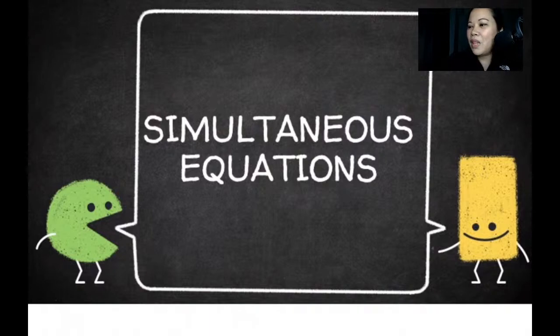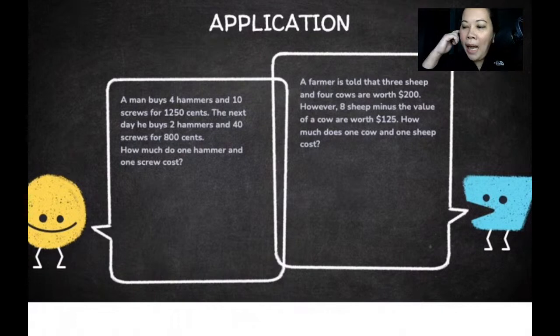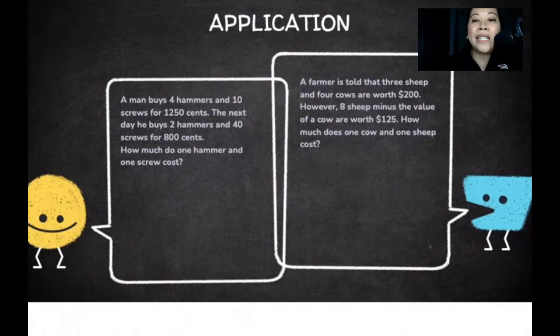Okay. So when we talked about simultaneous equations, first thing is you have to identify what are the given. Now in a simultaneous equations word problem, there's always two unknowns. So if we look at this problem, a man buys 4 hammers and 10 screws for 1,250 cents.